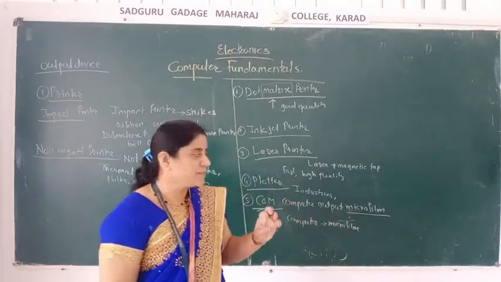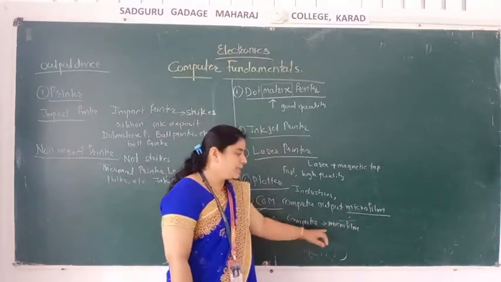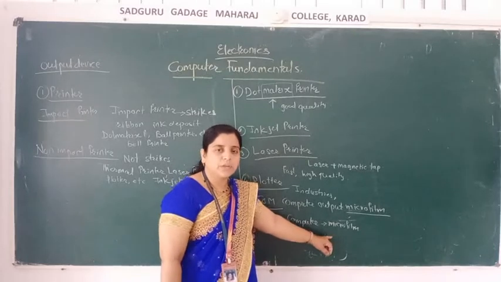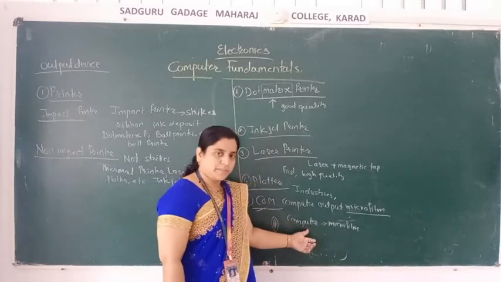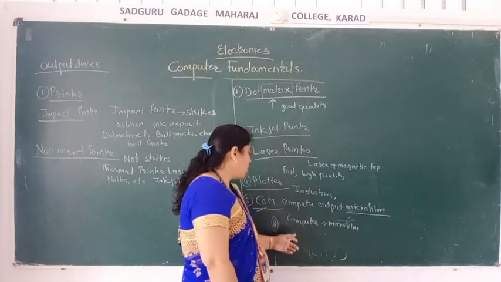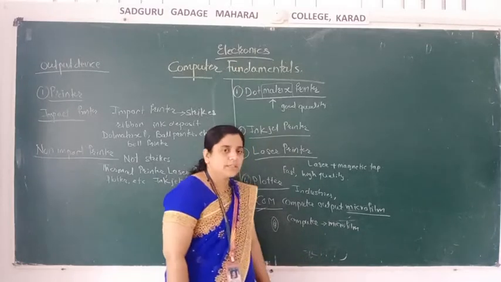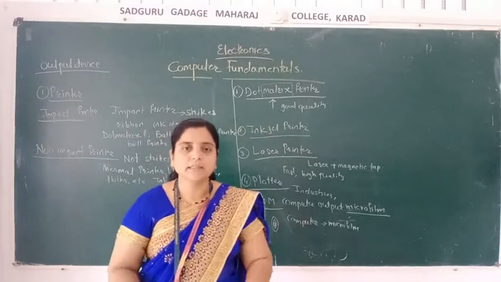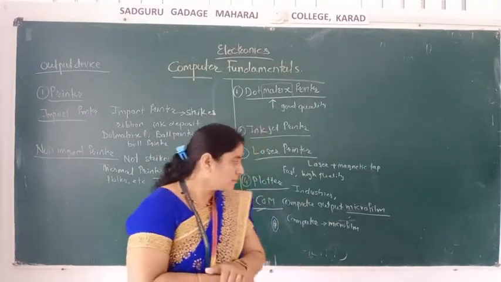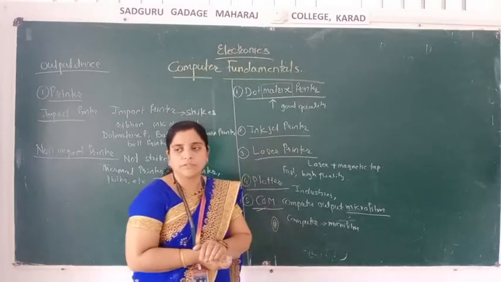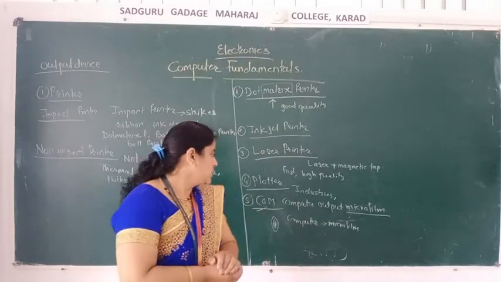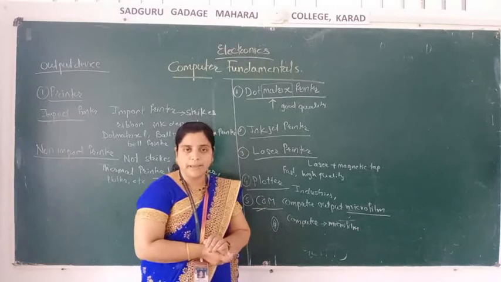Whatever data we want to print is saved in the computer. So these COM are also used for printing big manuals and graphics of photographs. So this is the computer output microfilm.